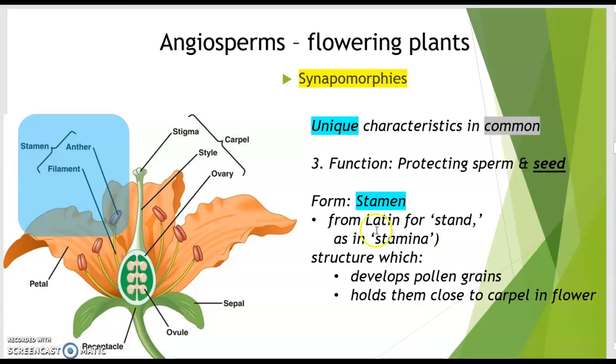And in fact, stamina, or the ability to stand for hours, is related to stamen. So these are the stamen very close to the ovule. The stamen develop and protect the pollen grains, and they hold them very close to the carpel top that is the tube into the ovary. So these stamen have those two purposes of protecting the pollen grains and then helping them to have minimal distance in order to get to the ovary. We'll go over that in a second too.